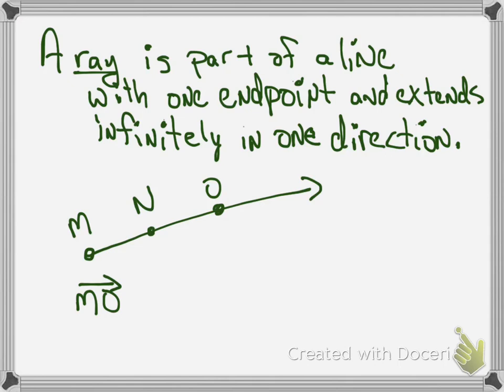Notice how I draw a ray with a line and an arrow going in one direction, and I have a ray MN. They're both on the same line, but with different names. Do notice that I started with the M because that's my starting point. That endpoint has to be first when you're describing a ray.